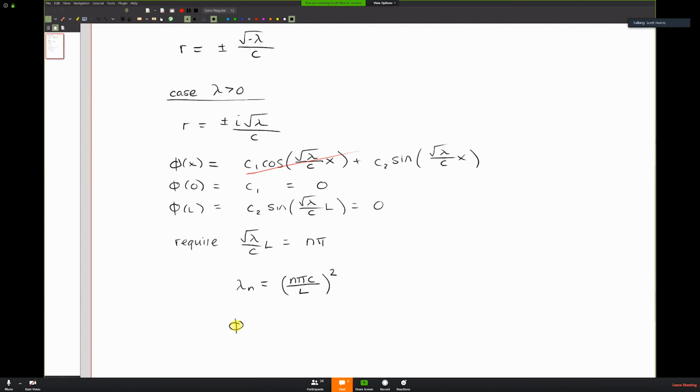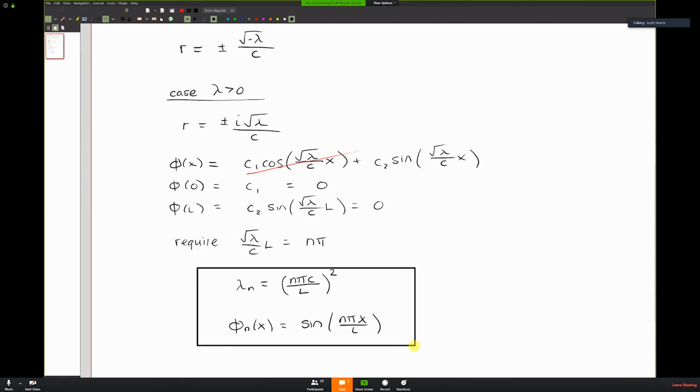And our eigenfunctions: if root lambda over c equals n pi over L, then we're going to get sine n pi x over L. All right. And so there are our eigenvalues and eigenfunctions.